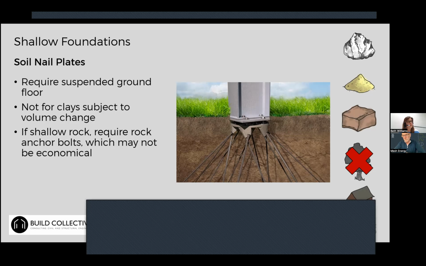Yeah, these nail plates are a newish type of foundation. There are still people developing different types of foundation coming through.